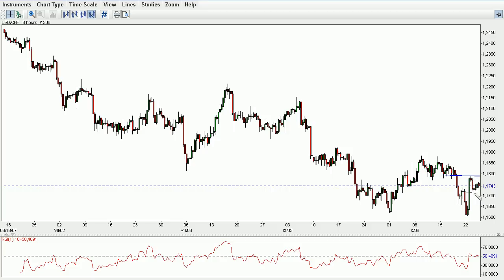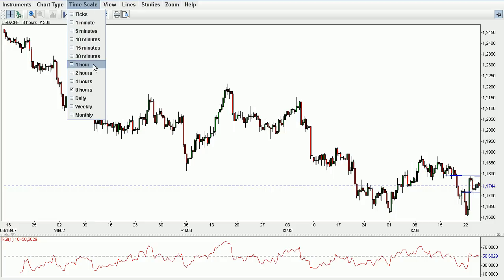Otherwise, if our price drops below this level here, or this is a little bit below 1.7020, then we should be prepared to see more bearish bias.